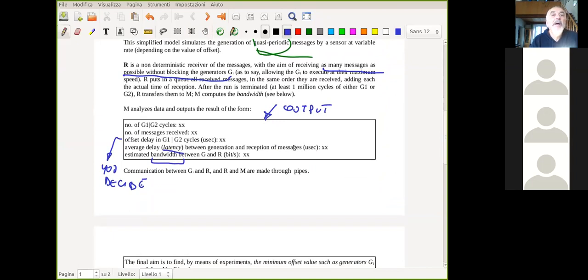You may have a high bandwidth, and so the speed of the channel is high, but you may have a delay between generation and reception that is called latency.